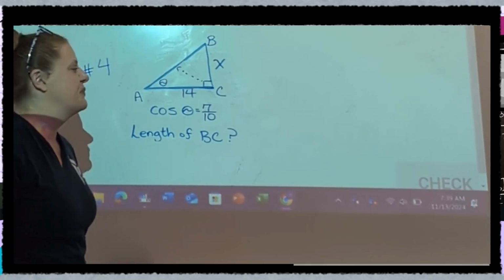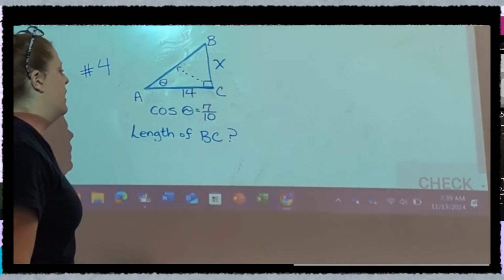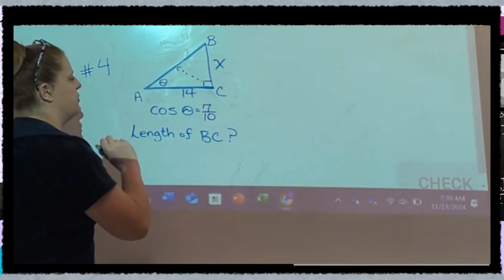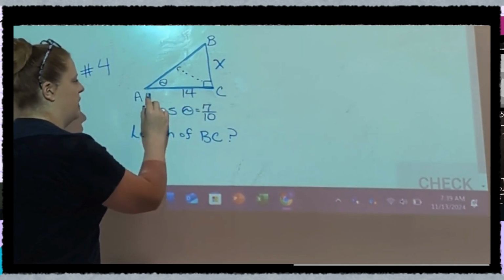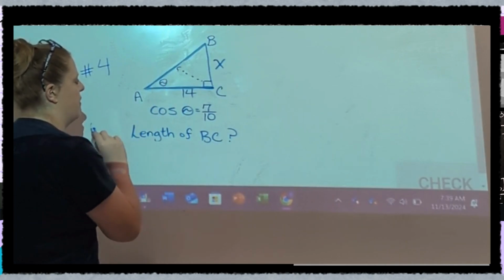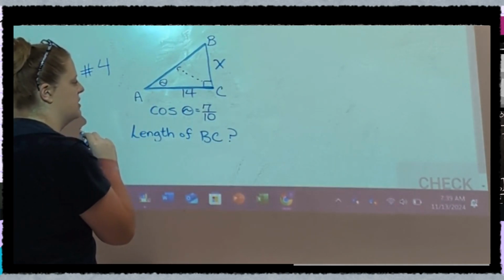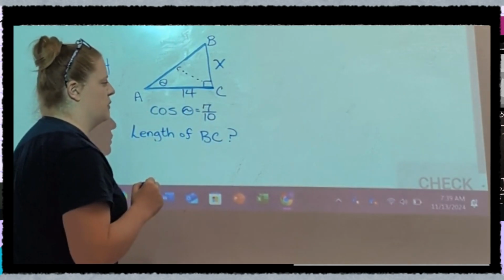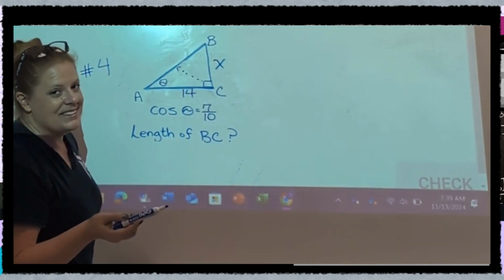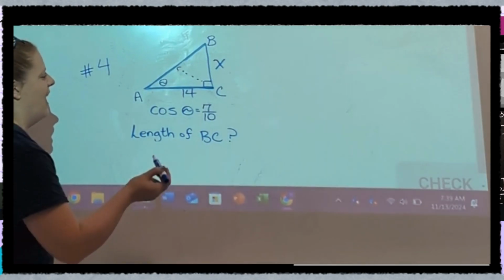Number 4, they give you a right triangle and they give you some information to go with it. They say one of your lengths is 14, you have a theta as one of your angles, and they give you a trig function is equal to a certain amount. Of course, mine's a little different, as always.